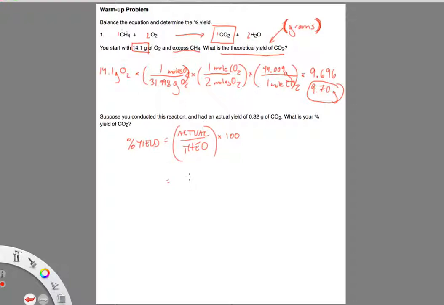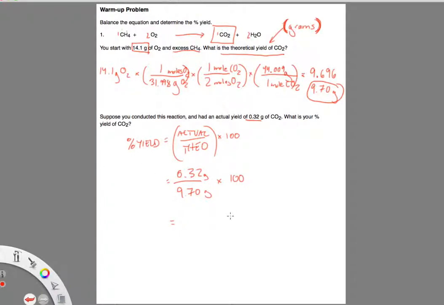So in this case, it gives us the actual yield right here, 0.32, and then down below, 9.70. How did I know that? Oh, that's the answer up here. So the grams will cancel out, times 100, and we'll be left with our units in percentage.